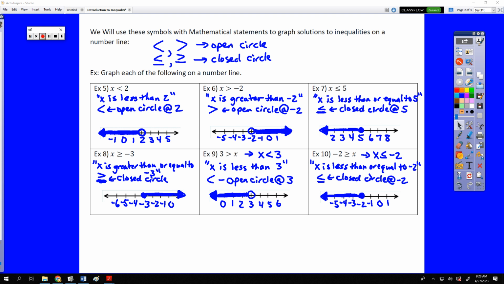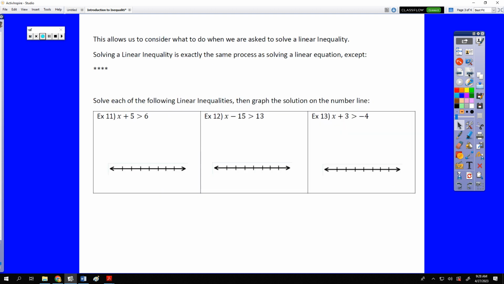Okay, so inequality symbols can be treated exactly like the equal sign when it comes to solving equations and inequalities. Solving an inequality is exactly the same as solving an equation with one very small difference. Okay?